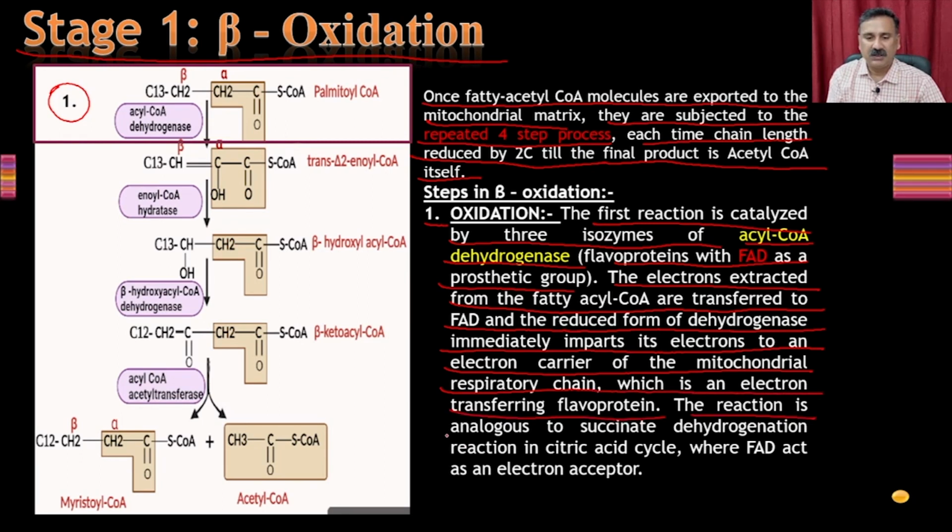The reaction is analogous to the succinate dehydrogenase reaction in the citric acid cycle, where FAD acts as an electron acceptor. So acyl-CoA dehydrogenase is going to take up this fatty acyl CoA and produce one molecule of FADH2.